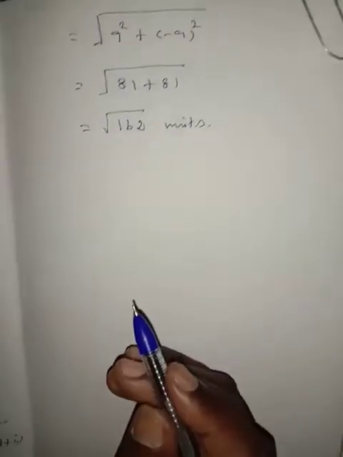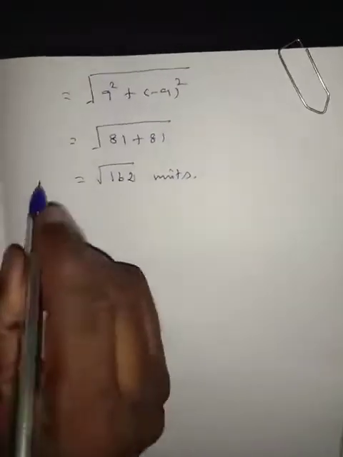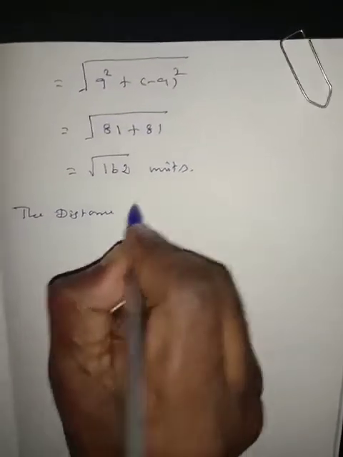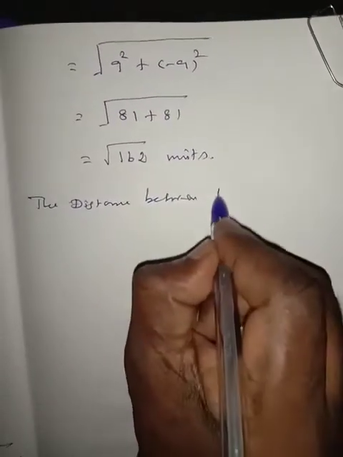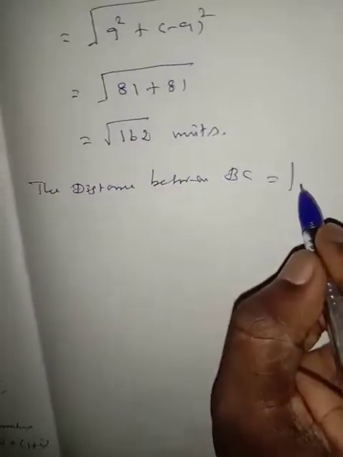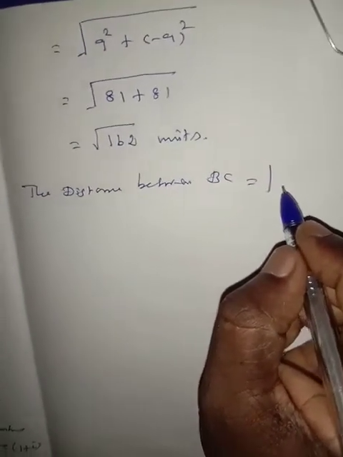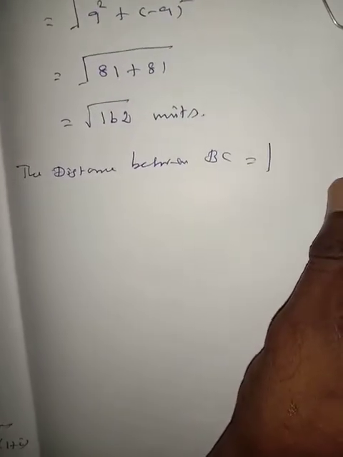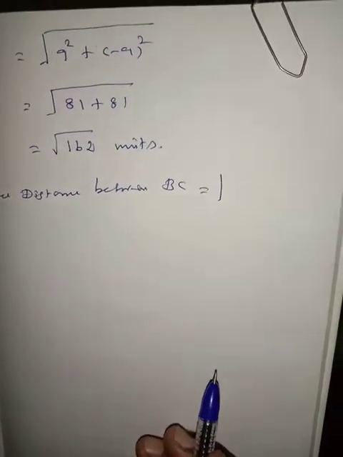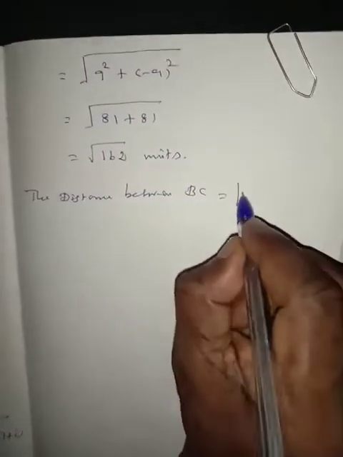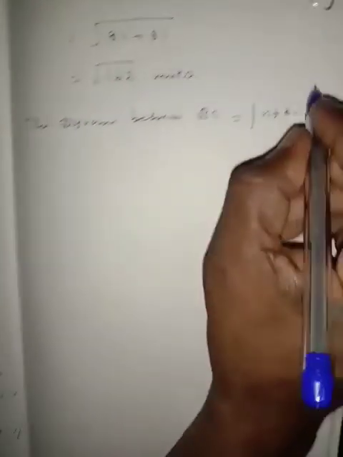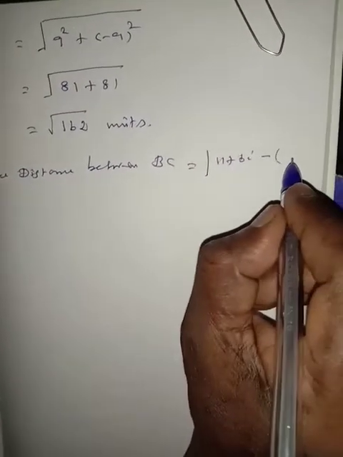Next, to find the distance between BC. BC means first B, then C, subtracting second from first. B is 11 plus 6i. BC is (11 plus 6i) minus (1 plus i).